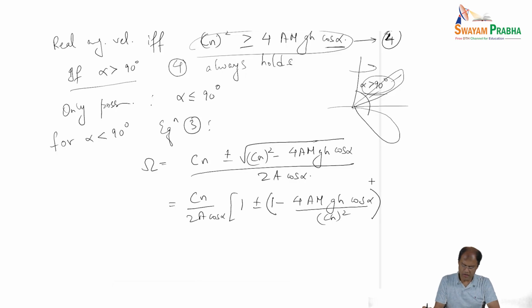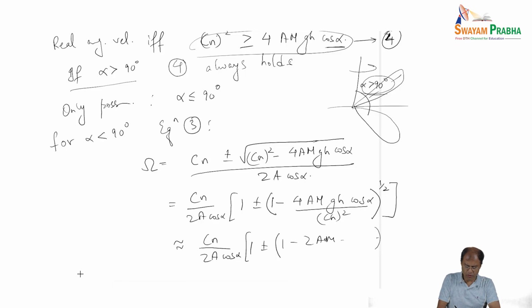This is to the power half, and now using the binomial expansion, this is roughly equal to Cn by 2a cos alpha times 1 plus or minus, so 2am and so on. If we see the positive and the negative roots, we get two roots.